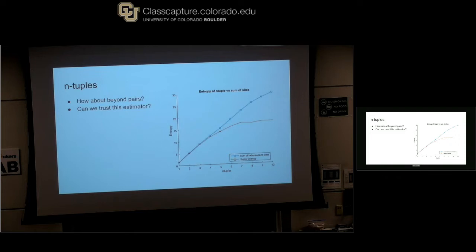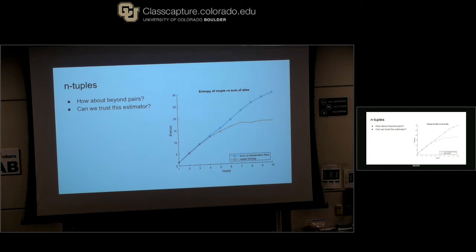And so what I'm plotting here is in red the entropy estimate for first a single site, then pairs, then triples, then quadruples, versus just the sum of independent sites, all starting at the same site. And the question is, how can we trust this estimator?